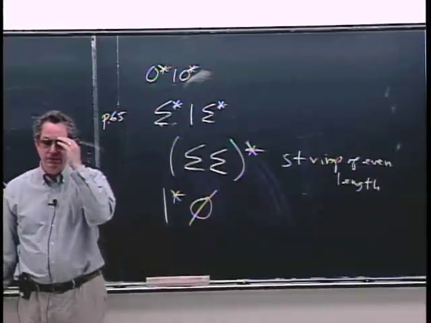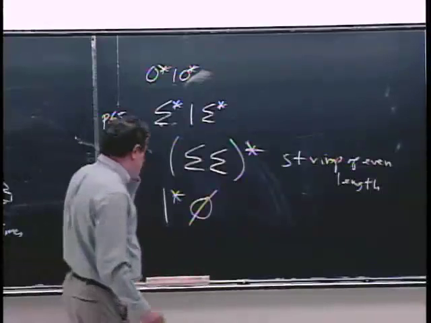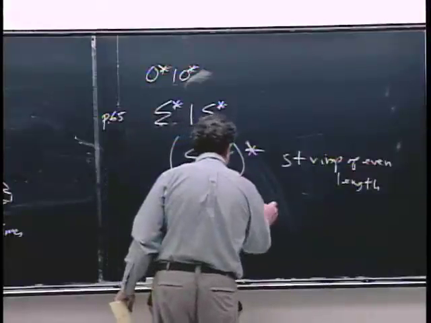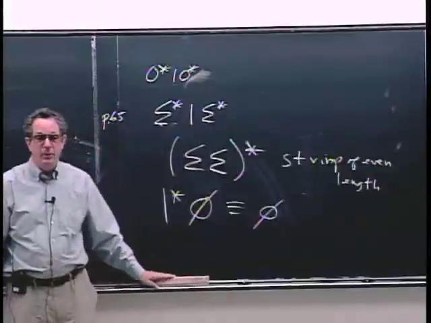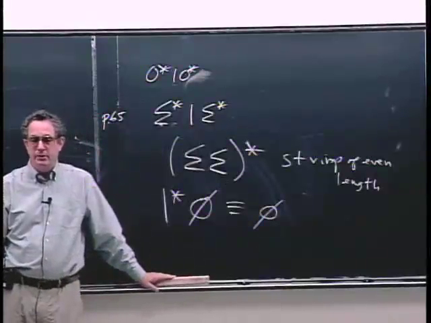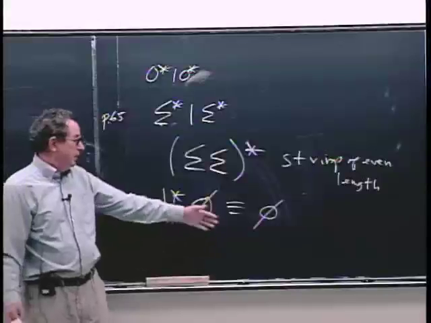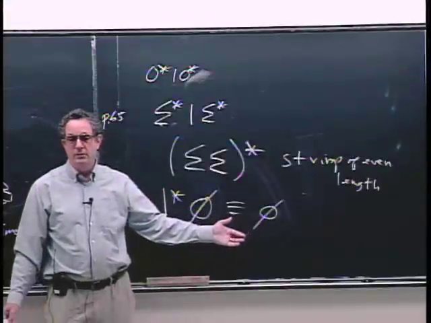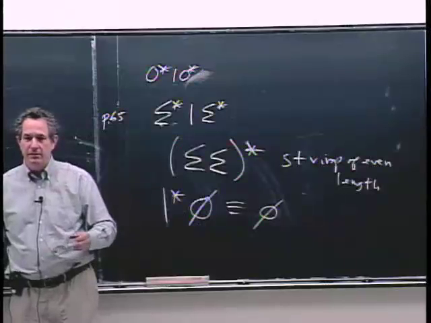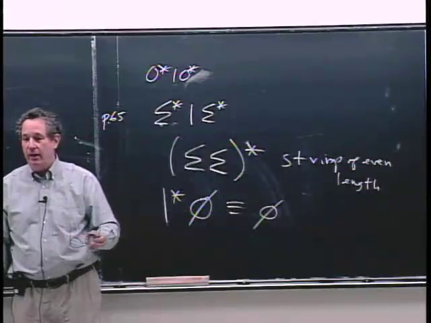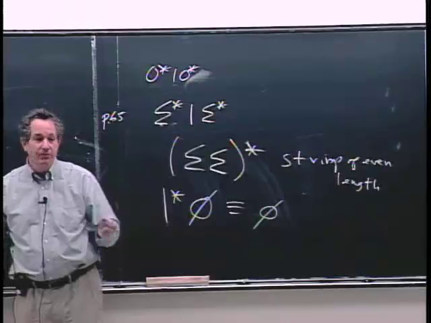This is the empty set, the same thing as the empty language. There's nothing in there. By the way, what's a DFA for the empty language? We're saying the empty language is regular, so it better be recognized by some DFA. It's just the start state and no final state.